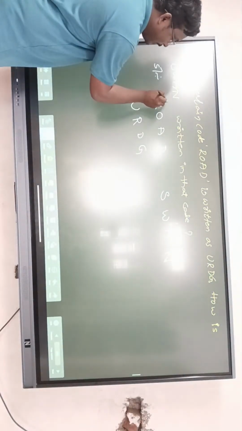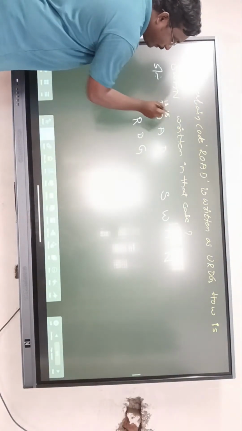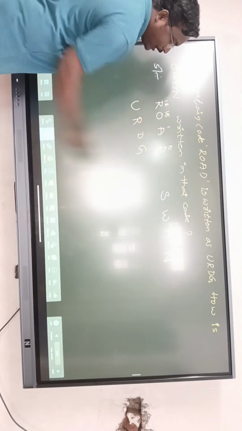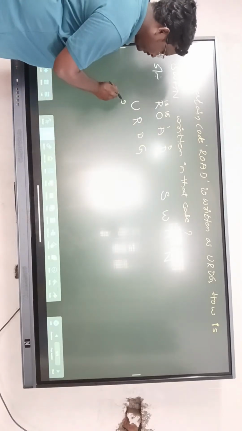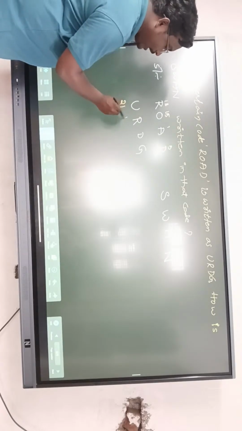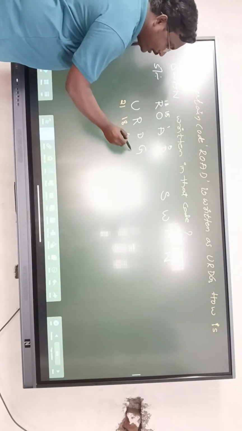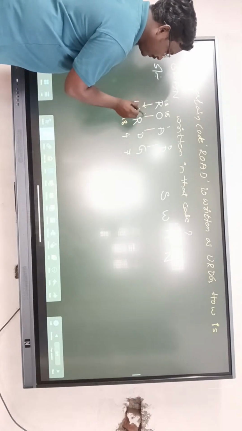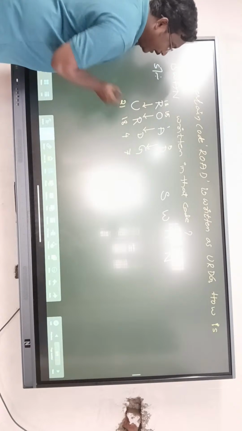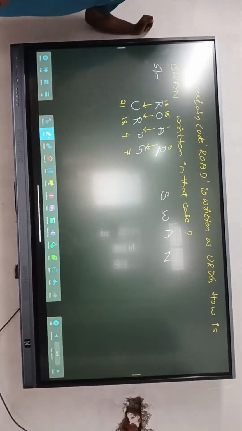R is 18, O is 15, A is 1, D is 4, U is 21, R is 18, D is 4, G is 7. So here it is increasing order, right?